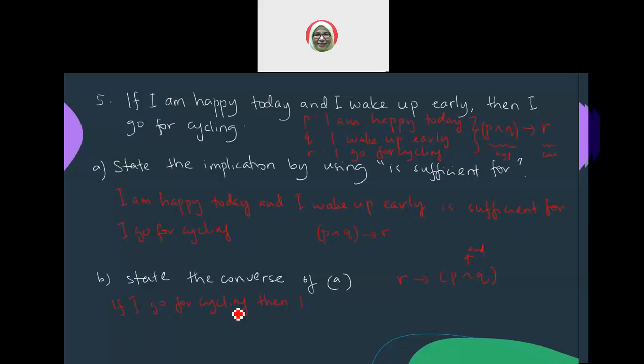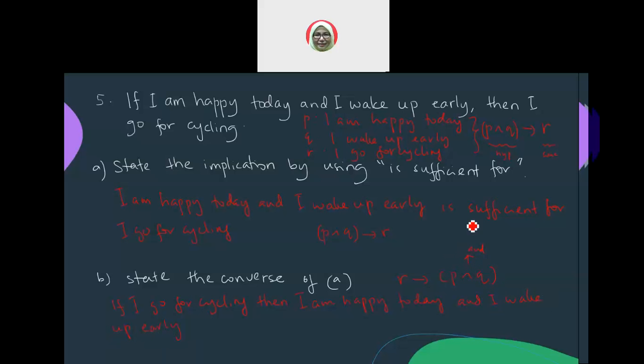If I go for cycling, then I'm happy today, and I wake up early.